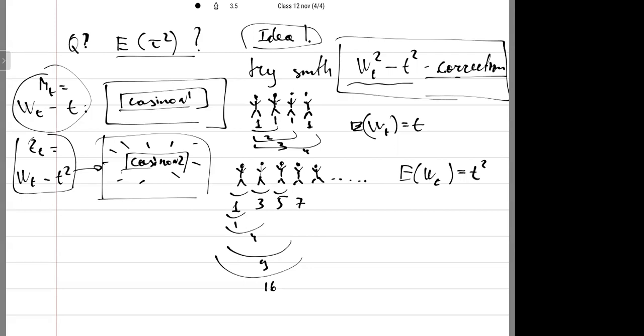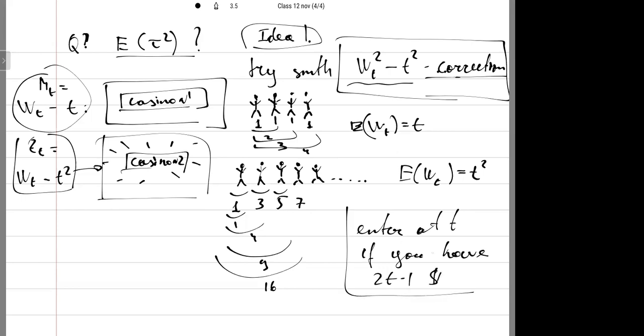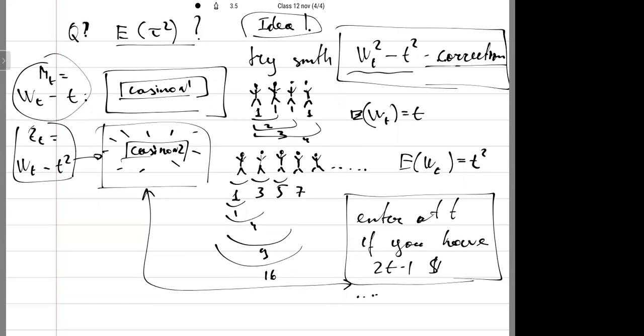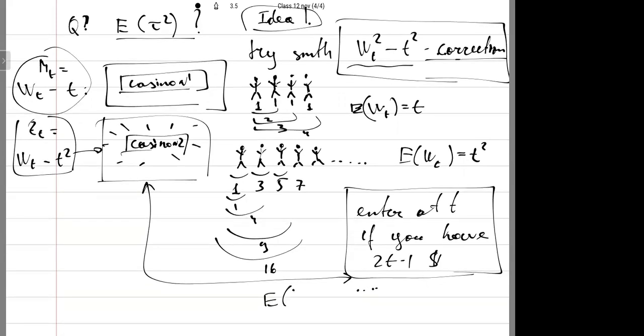So those will be the rules of a new casino. I'm a casino magnate. I have a second casino now, and basically, if you continue, you will have the expected value of this, WT, let's say star. It will be WT of the second casino.